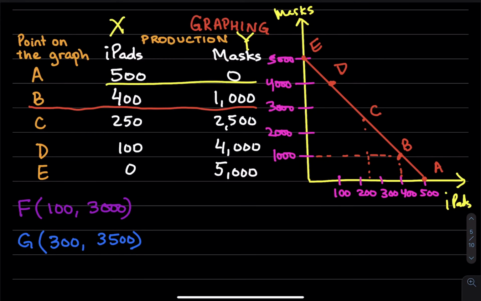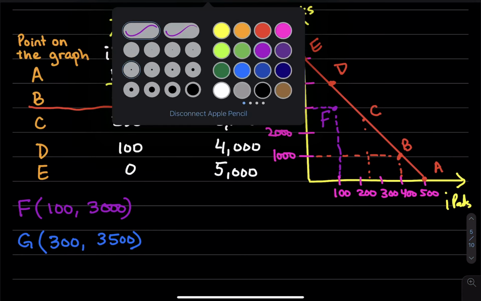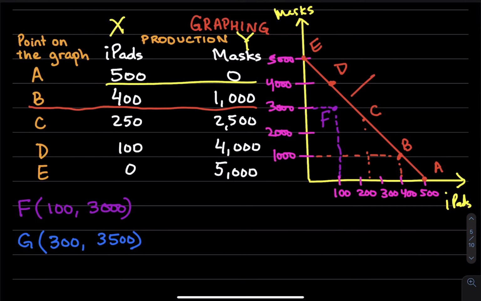So let's draw point F for now, which is 100 iPads and 3000 masks. A point like F is somewhere here inside this triangle, or below the frontier. The frontier is this line right here. This is the production possibilities frontier.